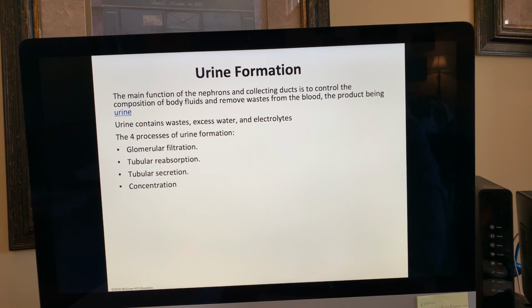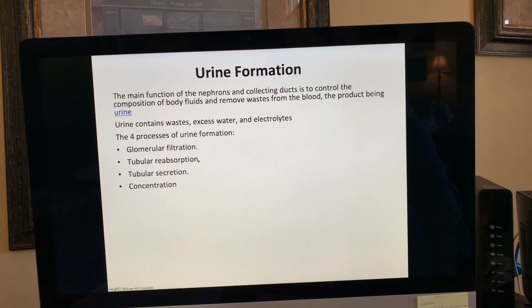The nephron function consists of 4 processes that occur. The first process occurs in the glomerulus, and that's called glomerular filtration. It is basically simply filtering small things that can fit out of the capillaries and through the podocyte slit processes and into the glomerular capsule. The second process is reabsorption.